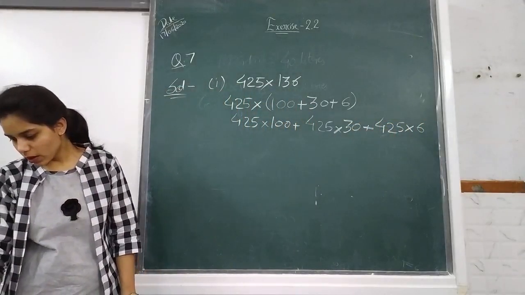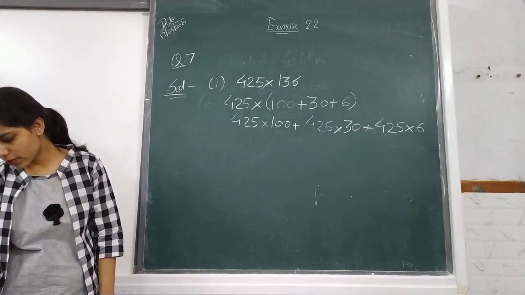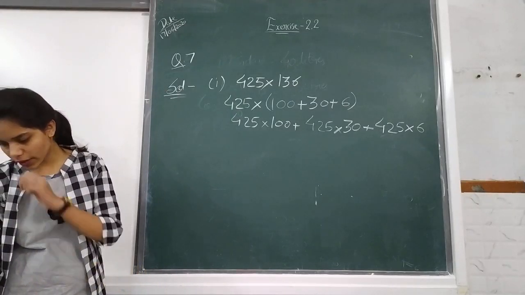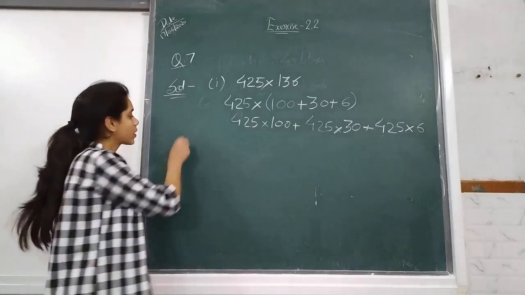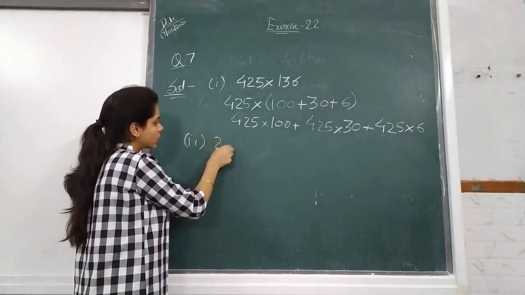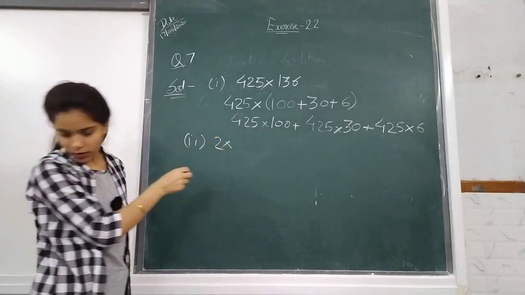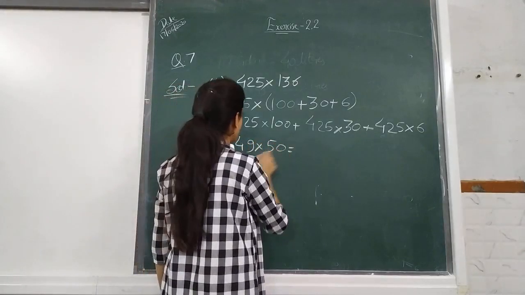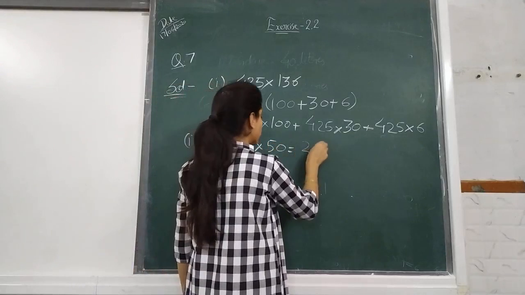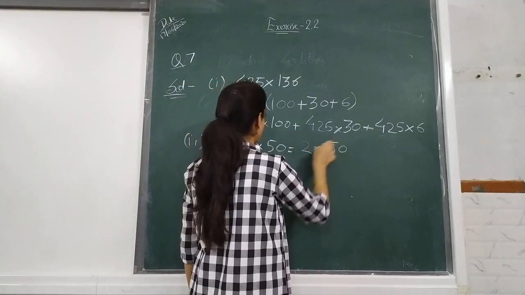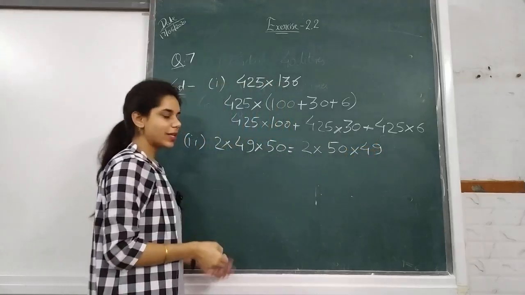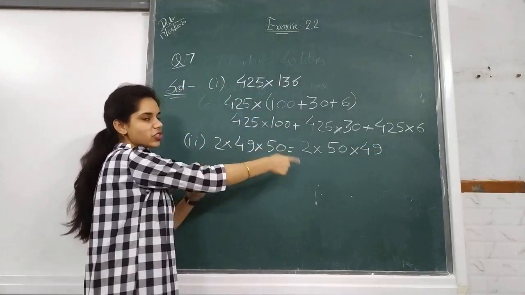Now in second, what we have done, 2 into 49 into 50 is equal to 2 into 50 into 49. So in this you can see that the arrangement gets changed.